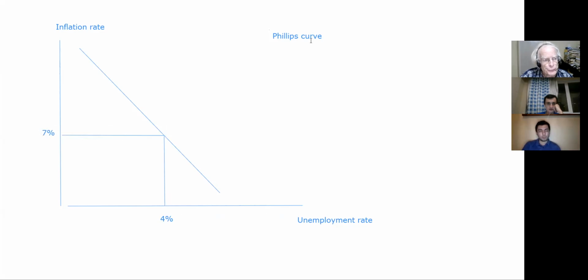The Phillips model says that if we are willing to live with a higher rate of inflation, let's just say 10%, then they can reduce the rate of unemployment, maybe in this case, to 2%.